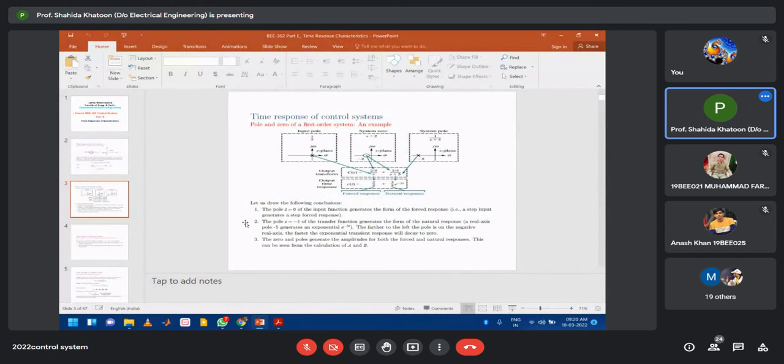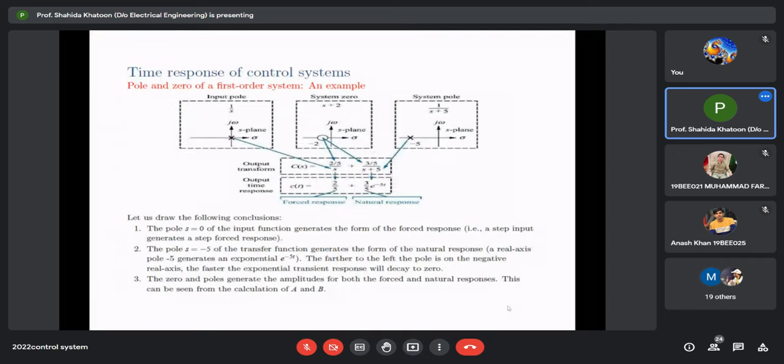So basically, this is the pole zero configuration. If you take the input pole, the input pole is there because the input is 1 by s. So you have a pole at the origin, which determines the input pole.